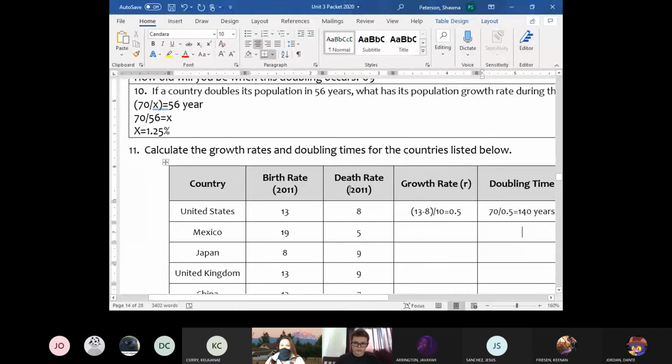All right. There you go, Naija. If you do it negative, then doubling time is negative. You don't have to do any calculations if the growth rate is negative.